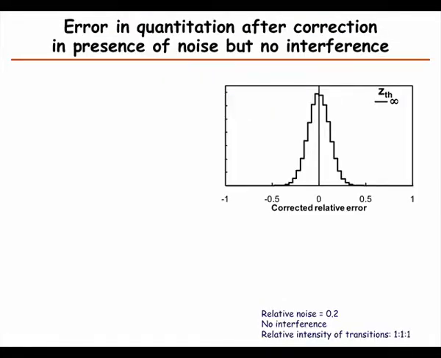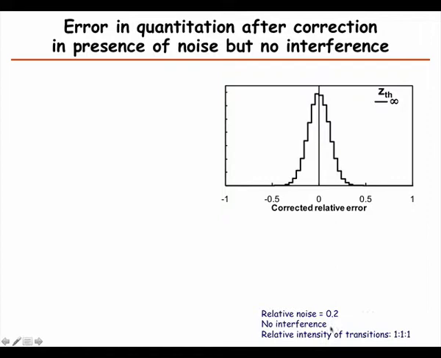Now a little bit about the simulations. In this case we have noise but no interference, and what we get is the corrected relative error. The distribution will be widened because of the presence of the noise. Now we can set different thresholds for the z-score.